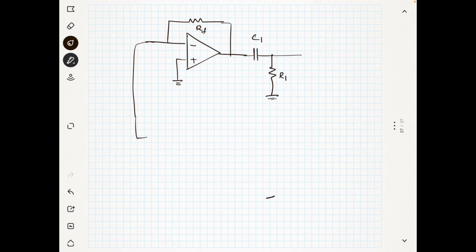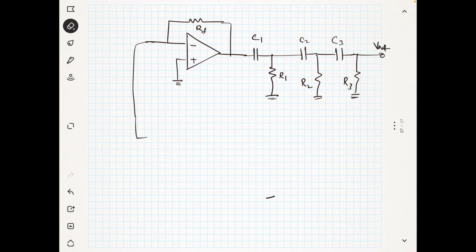The second one, C2 and R2, the third one, C3 and R3. Now this is Vout, and this R3 does not end here because you need a negative feedback. That's why through this R3 you are connecting here. So this is the RC phase shift or RC feedback oscillator.